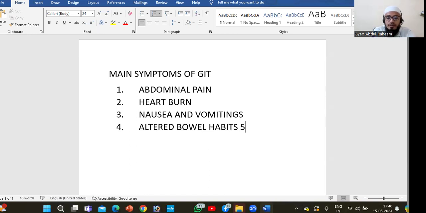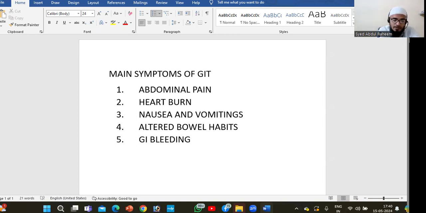Next, we have the fifth one, GI bleeding, gastrointestinal bleeding. It's also one of the main symptoms.